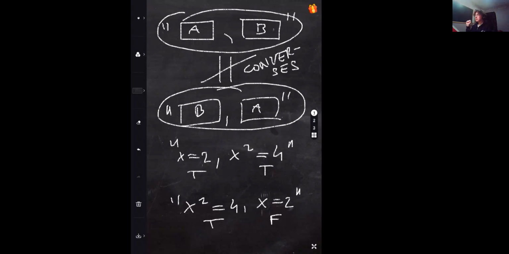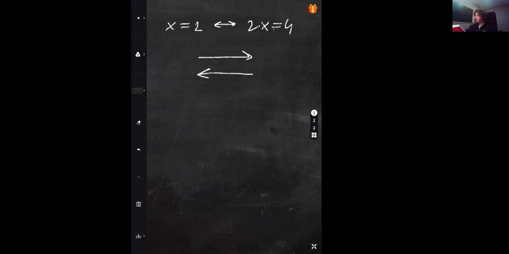So this is, of course, connected to the if and only if statement. For instance, you can say that x equals 2 if and only if 2x equals 4. Because if x equals 2, then 2x equals 4, while if 2x equals 4, then x equals 2, right? So you can go in this direction, you can go in that direction.